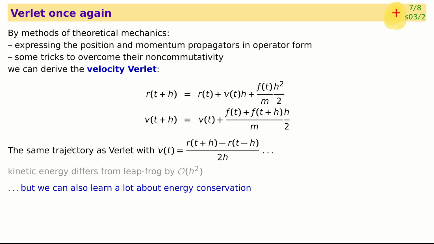We can approach the problem of numerically solving the equations of motion from the other side. We have a very strong theory which expresses classical mechanics not by velocities and positions, but by momenta and positions, the so-called Hamiltonian theory.